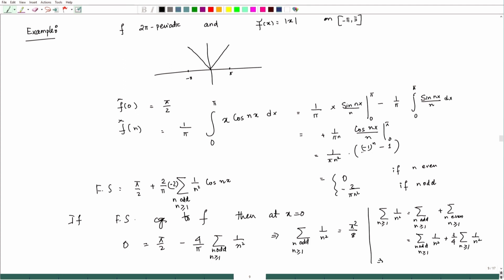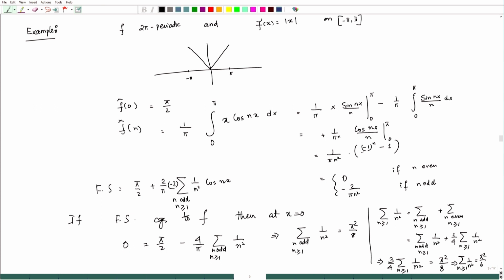This implies that 3 by 4 summation n greater or equal to 1, 1 by n square is equal to pi square by 8. This implies that summation over n greater or equal to 1, 1 by n square is equal to pi square by 6, which we know already.